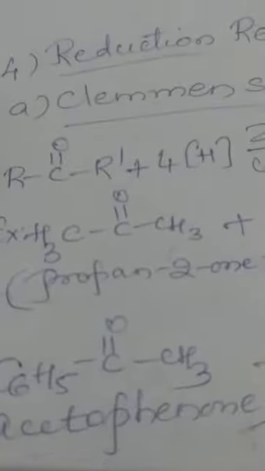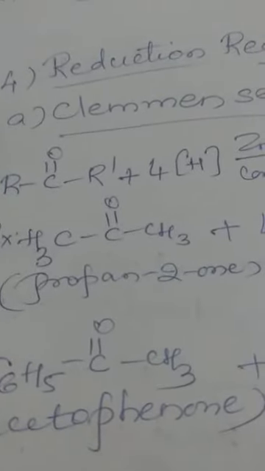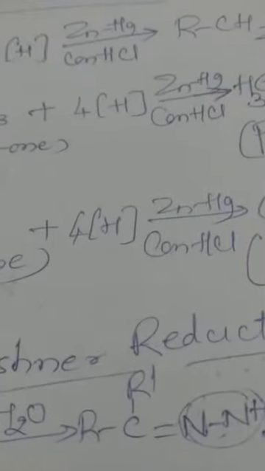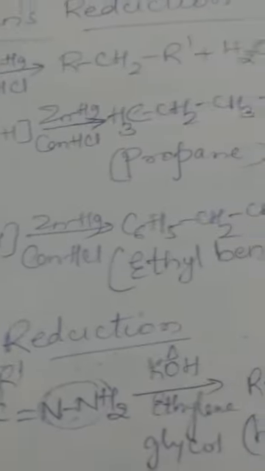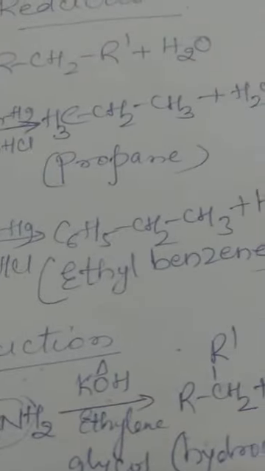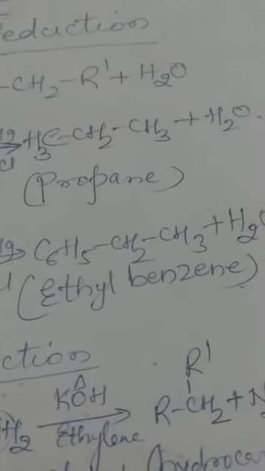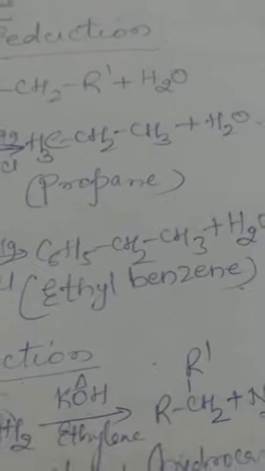So if you take R and R dash as methyl groups, it will be acetone or propan-2-one. So propan-2-one on reduction with ZnHg, zinc amalgam, and concentrated hydrochloric acid, CO is replaced by CH2 and you get the hydrocarbon propane with the elimination of water.